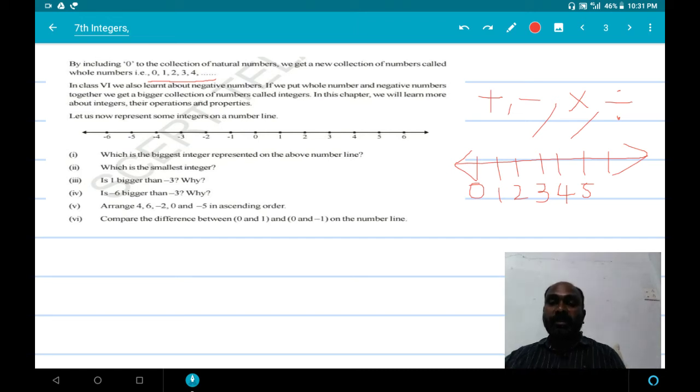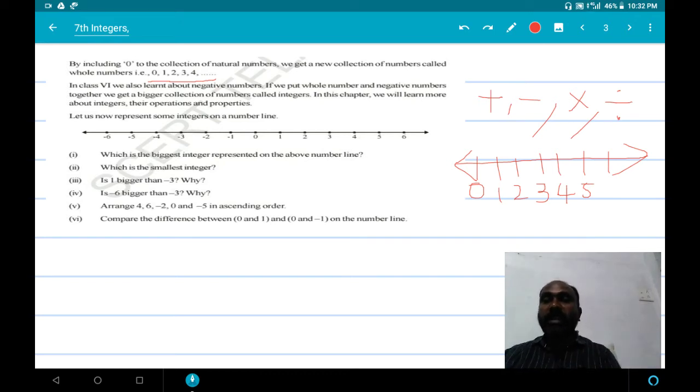Okay, from this figure, which is the biggest integer represented on the above number line? You know, we already discussed it. Right side compared with left side is bigger, and left side is smaller than right side.